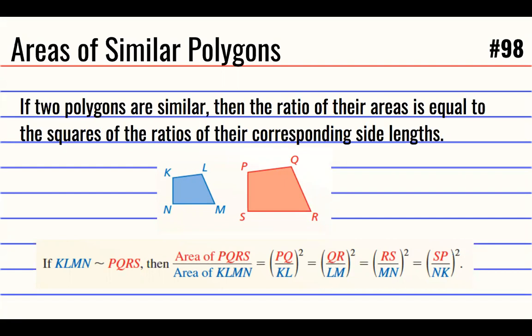So if I have two polygons and I know that PQ is similar to KL, then PQ over KL squared is going to be equal to the ratio of the areas.